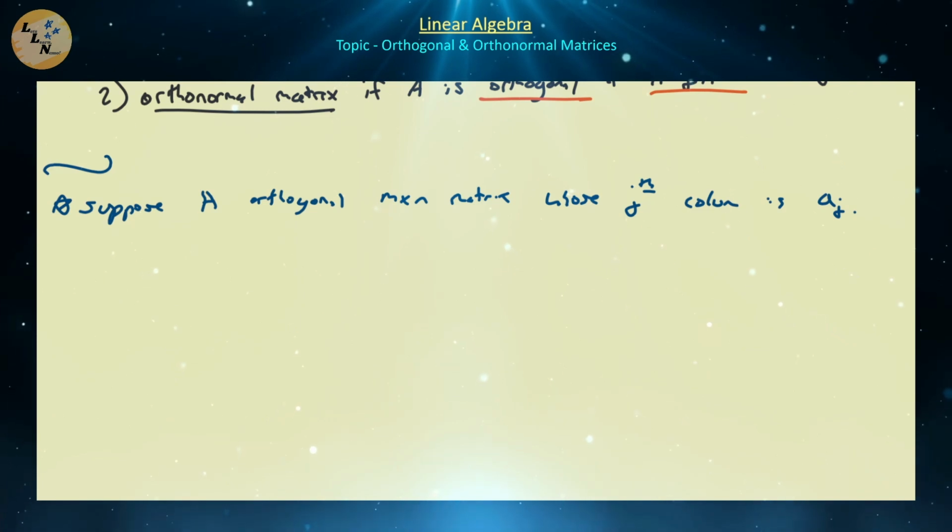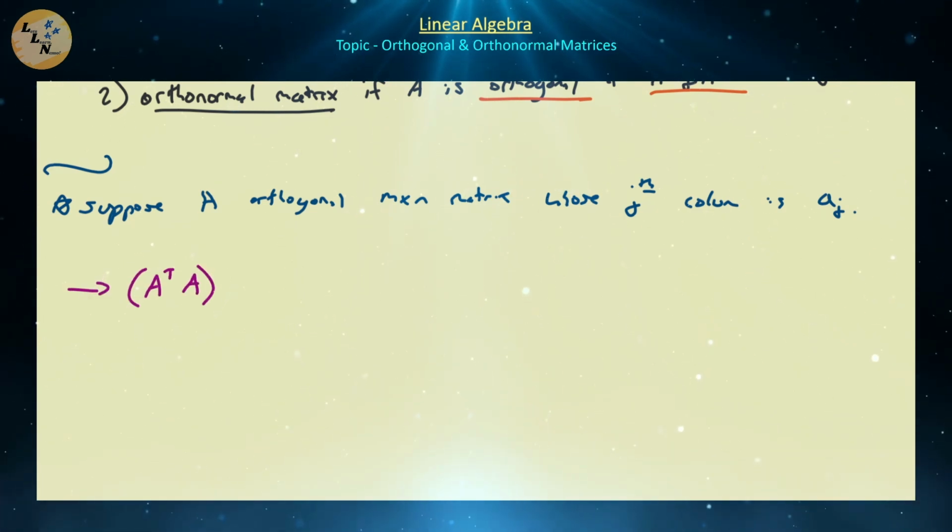And what we're actually going to consider is the matrix A transpose A. We've already proven that if A is a rectangular matrix, then A transpose A is always, one, square and, two, a symmetric matrix. So if A is an m by n matrix, A transpose is n by m, therefore A transpose A is going to be an n by n matrix. So it's going to have the same number of rows and columns as the number of columns in the original matrix A.